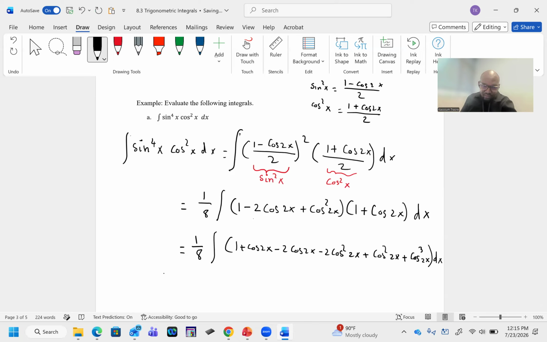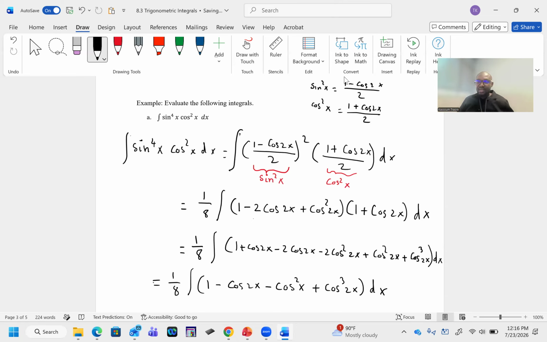We just distribute everything. I will get 1 over 8 integral of 1 minus cosine of 2x minus cosine squared of 2x and then plus cosine cubed of 2x dx.